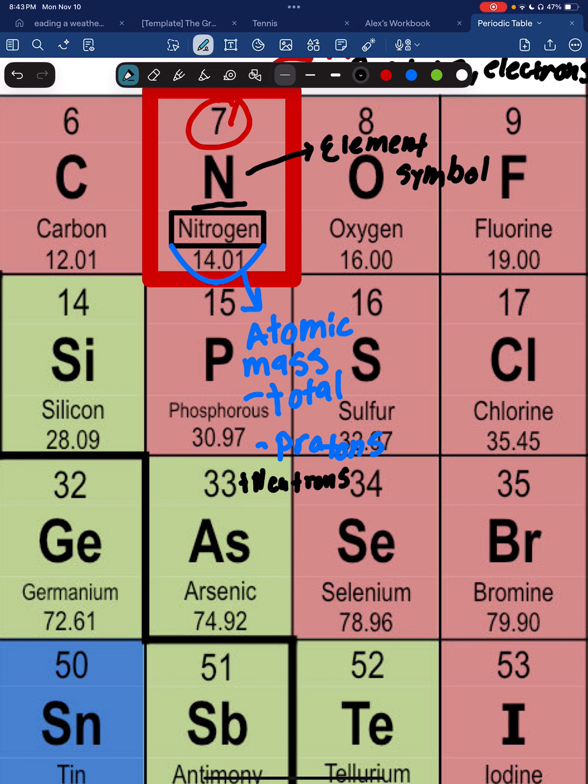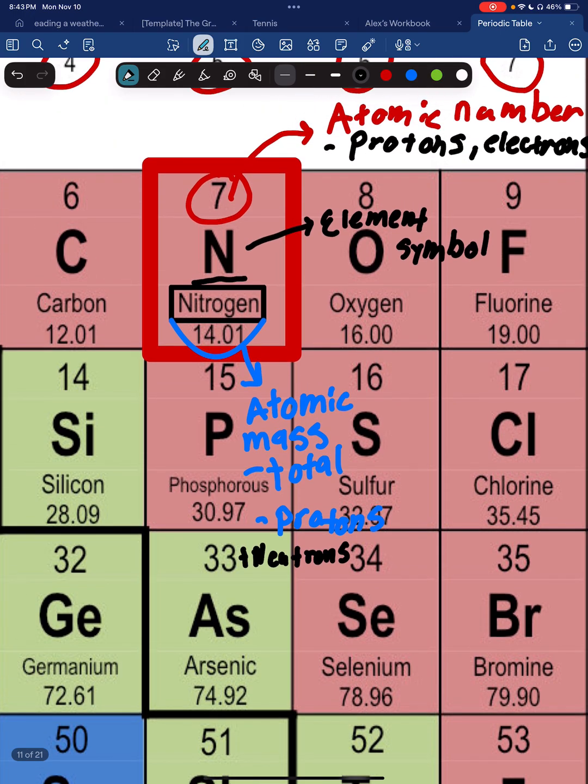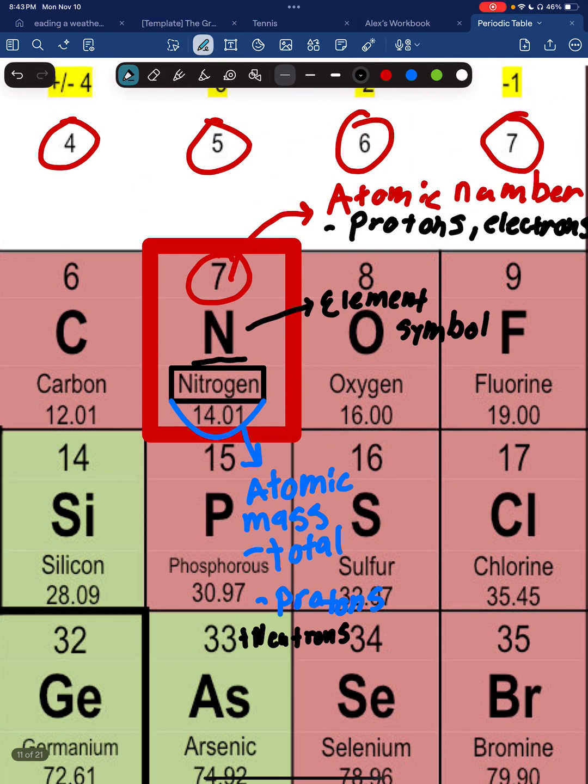If I want to figure out how many neutrons, I would need to take my atomic mass number. If you weren't paying attention, I would really pay attention now, because on your test, a lot of us got this wrong.